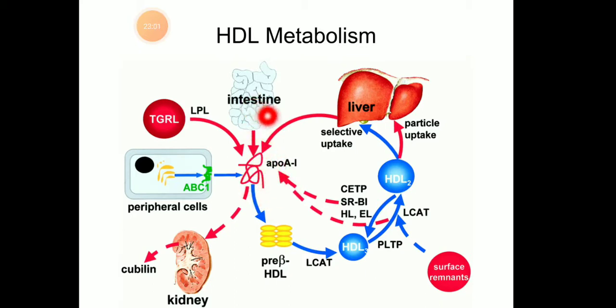So from intestine and liver it is synthesized and circulates in the plasma. It acquires cholesterol from the peripheral tissues, thereby offloading the burden of the cells and maintaining cell cholesterol homeostasis. HDL is basically the major vehicle for transport of cholesterol from peripheral tissues, including macrophages and endothelial cells, to the liver.